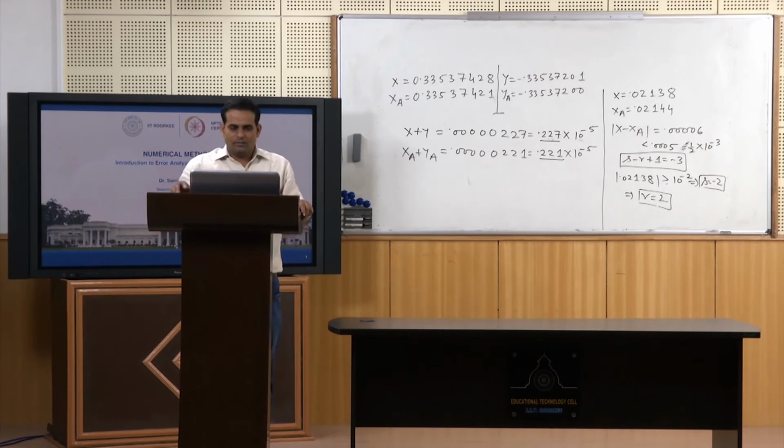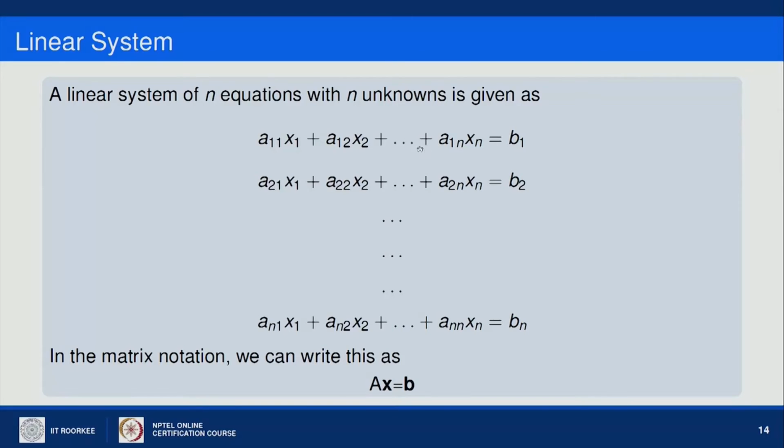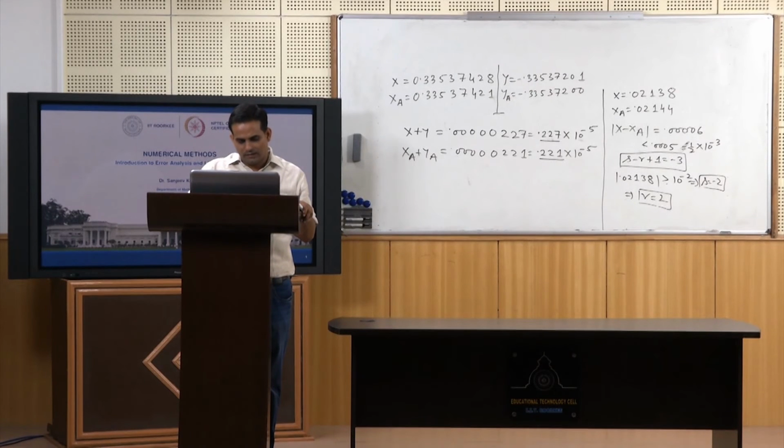Now, a linear system of n equations with n unknowns is given by this type. Here this is the first equation, where x1, x2, xn are the unknown variables, a11, a12, or aij are the coefficients in different equations, and b1, b2, bn are the right hand side vector. In matrix notation, we can write this system as Ax equals b.